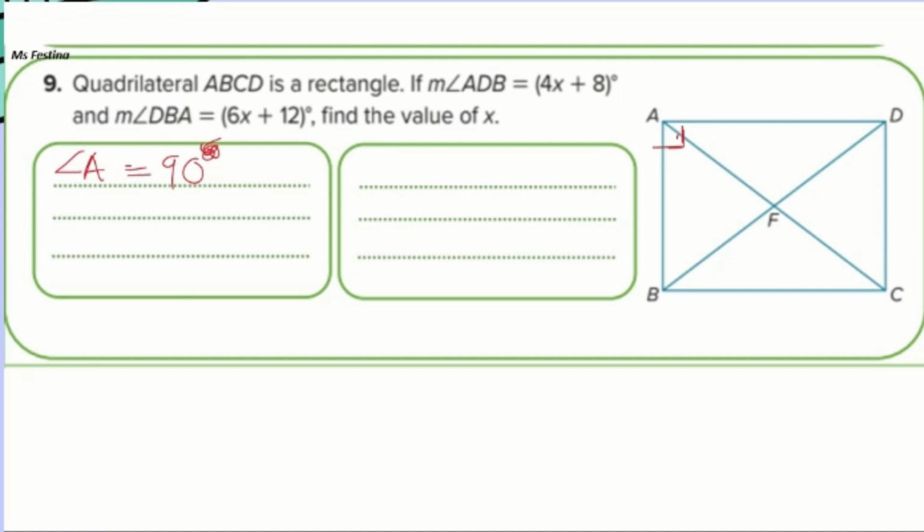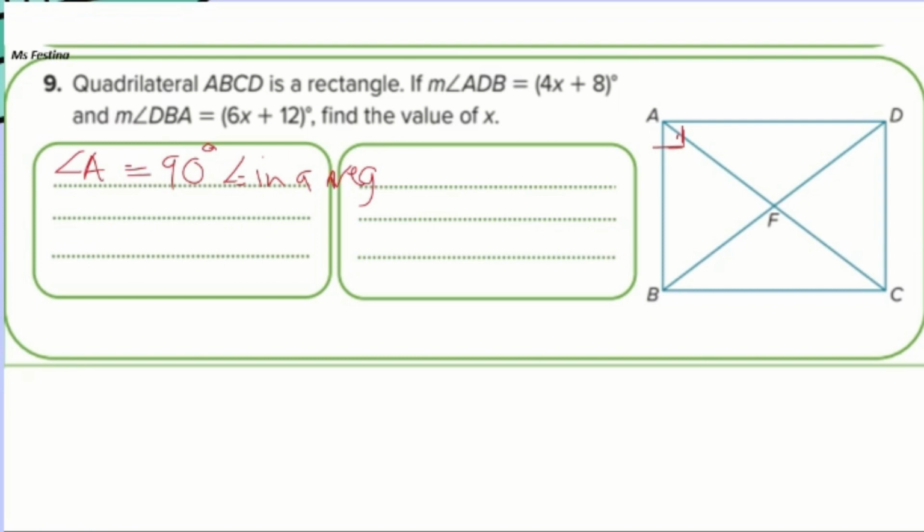Let me write that degree symbol properly, it's supposed to be a small zero at the top. So your reason will be angle in a rectangle. Okay, angle in a rectangle.